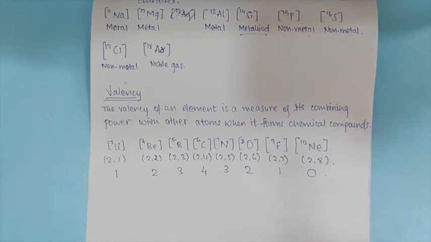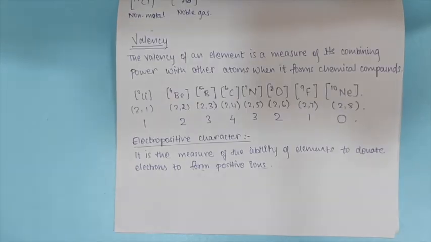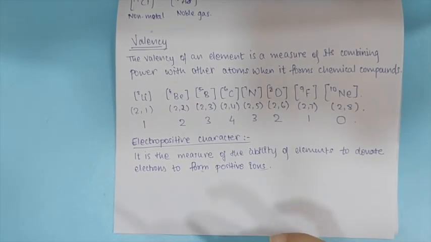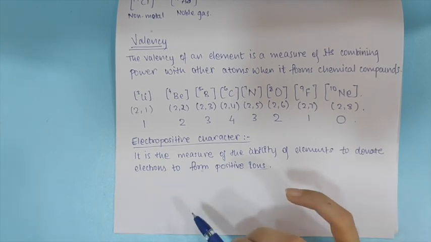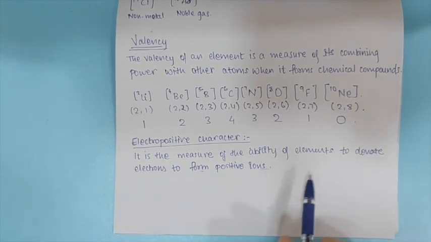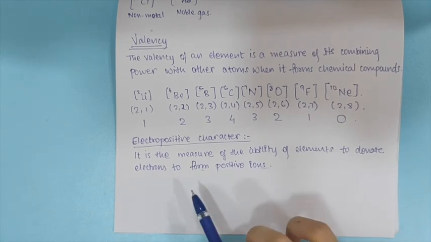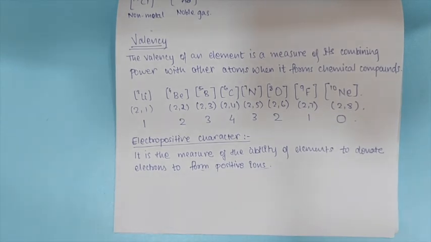Now we come to something called electropositive character and electronegative character. Electropositive character, what does that say? It is the measure of the ability of the elements to donate electrons to form positive ions. Now this kind of property is seen in metals.